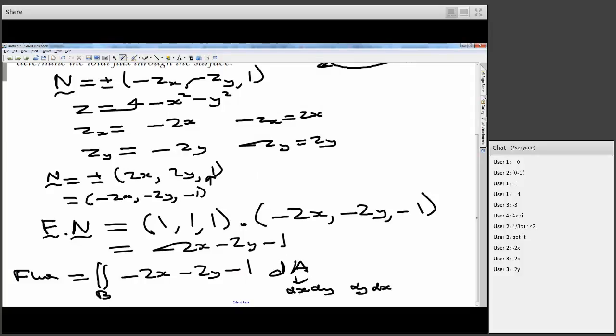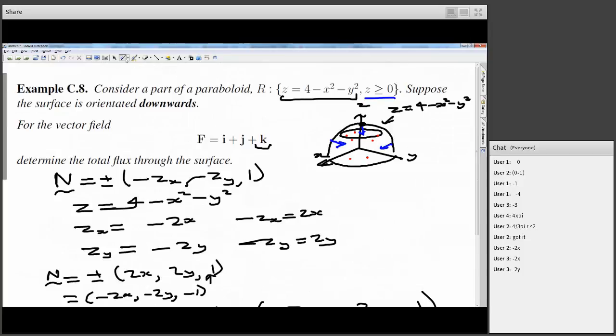We have to work out what this base really is for a start to help us out. So the base here really is the shadow of the paraboloid. So it's all the xy values that sit below this paraboloid. So you can see it's a circle, so that's the base. And if I look at it, when z equals 0, you get 4 minus x squared minus y squared equals 0.